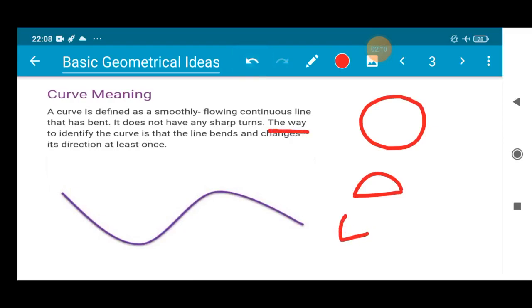The line is bending like this and changes its direction. Suppose this is moving towards north, but at some point it changes its direction towards south. The bending of a line, changing the direction, is considered as a curve.